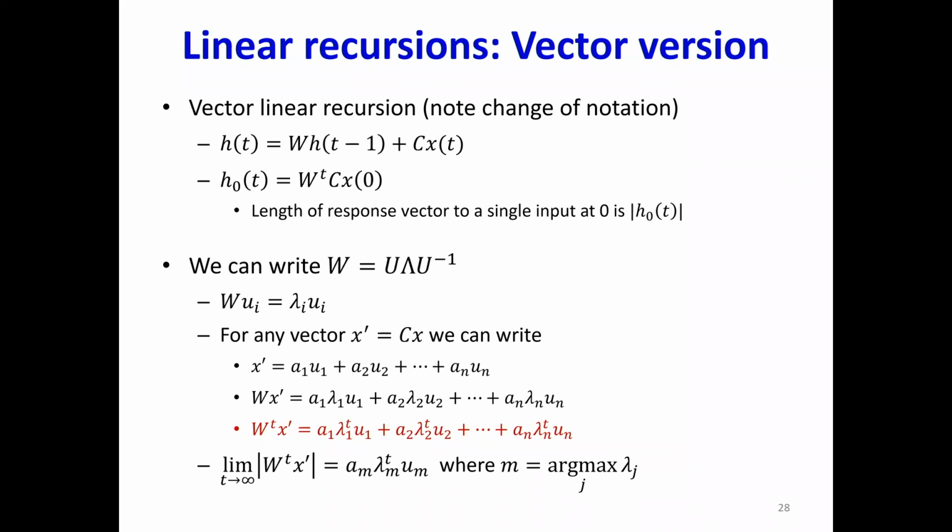Okay, and so if lambda 1 is the largest of the eigenvalues, I can write this as lambda 1 raised to t times a1 times u1 plus a2 times lambda 2 over lambda 1 raised to t u2 plus a3 times lambda 3 over lambda 1 raised to t u3 and so on.